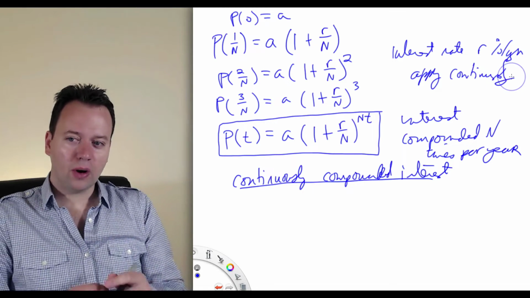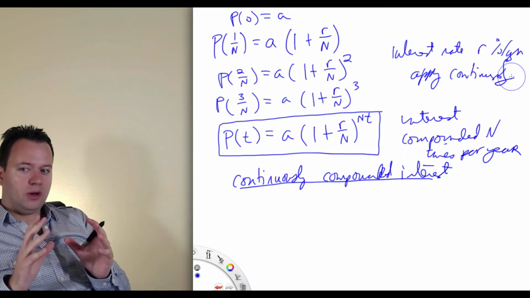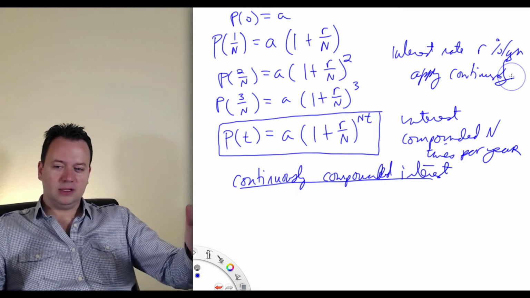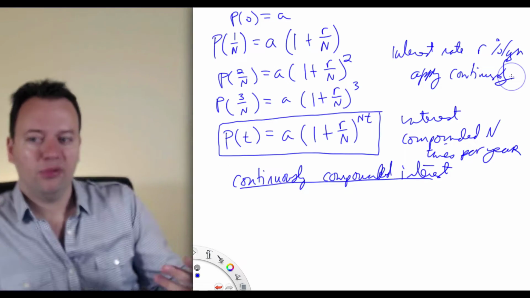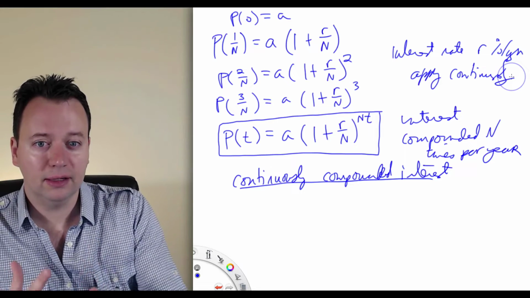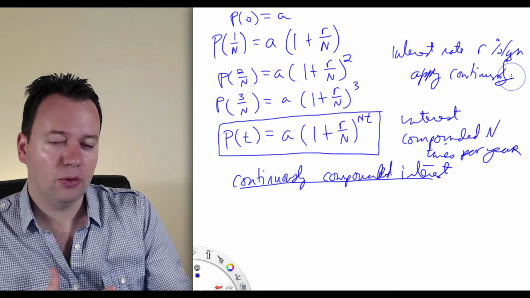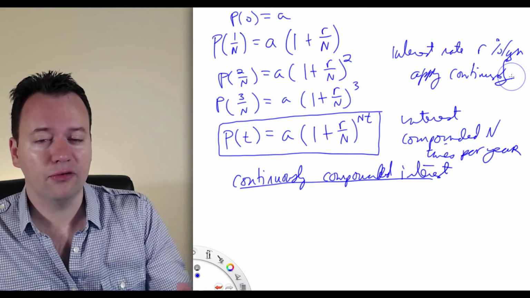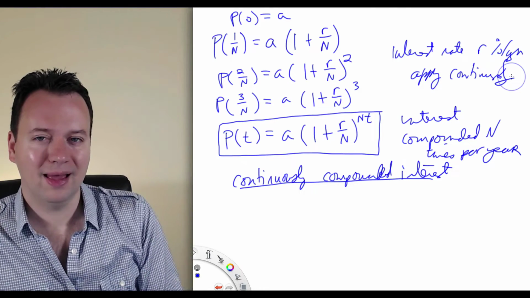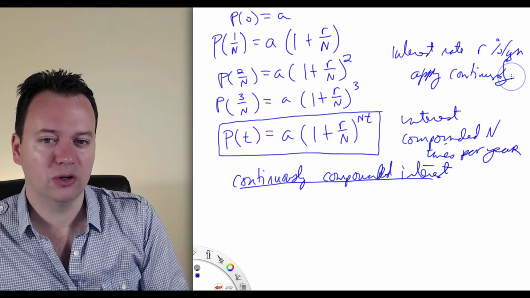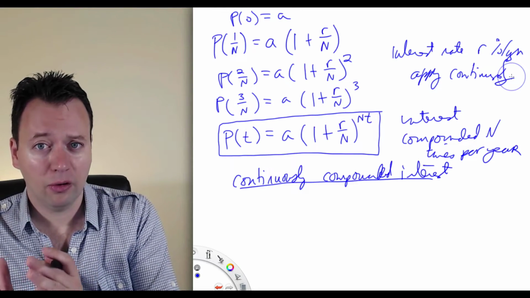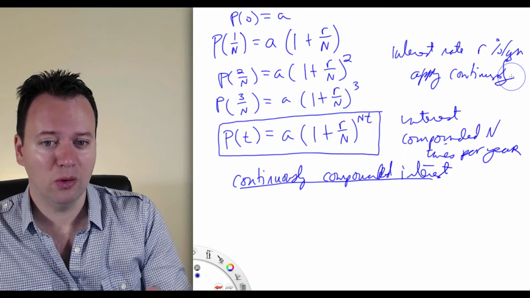So instead of applying r at discrete moments in time, we apply interest continuously. Instead of waiting until the end of the month, we would be applying interest every single millisecond. So what happens there? Would you end up with an unlimited amount of cash in your savings account, or is there some upper limit as to how much you can actually get in terms of interest with a fixed interest rate if you compound the interest on a continual basis?